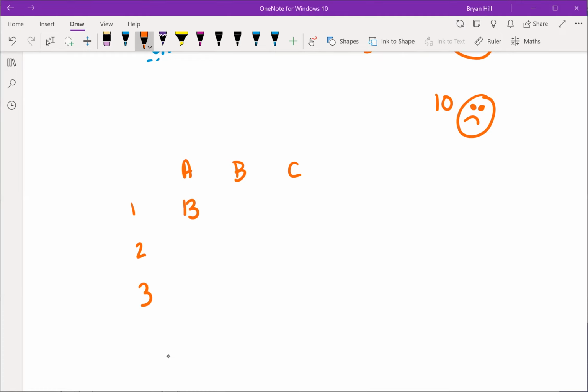Person 1 gave 13, 12, and 11. And person 2 gave, I don't know, 13, 12, and 12. And person 3 gave sort of 12, 10, and 10, let's say that. And someone else gave 13, 10, and 13.